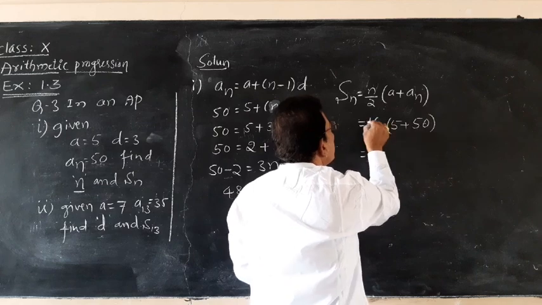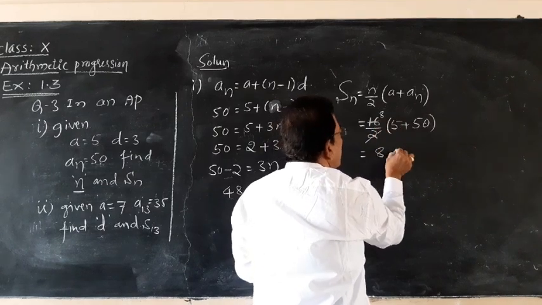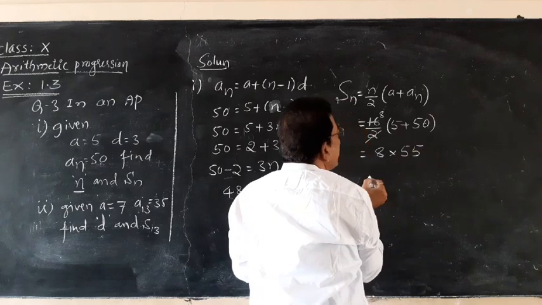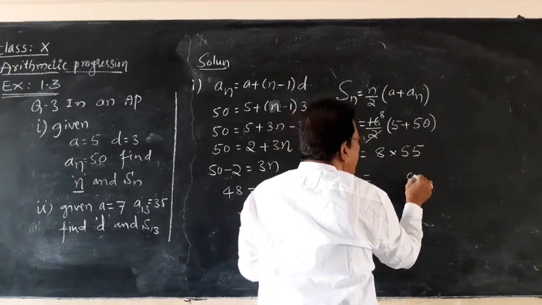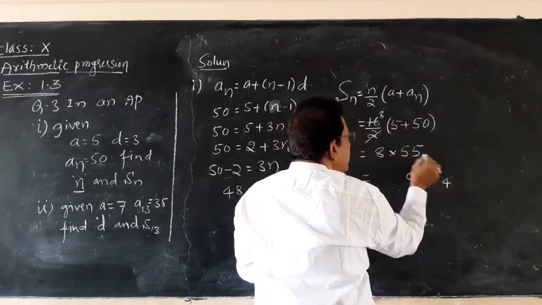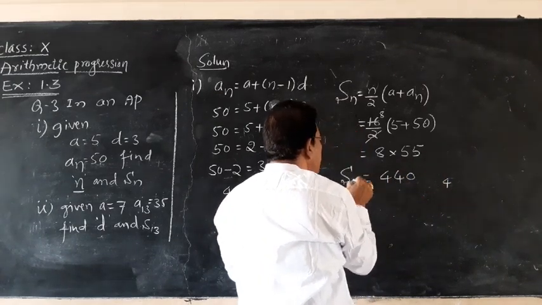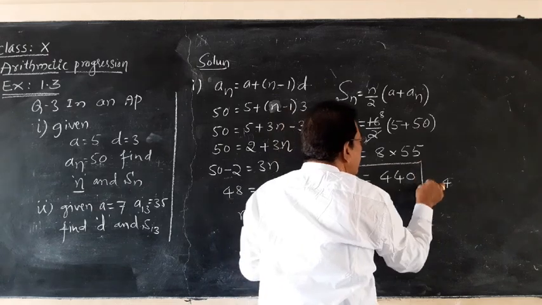So 2 eights are 16, 8 into 50 plus 5, 55. 8 fives are 40, carry 4. 8 fives are 40 plus 4, 44. That is S16.